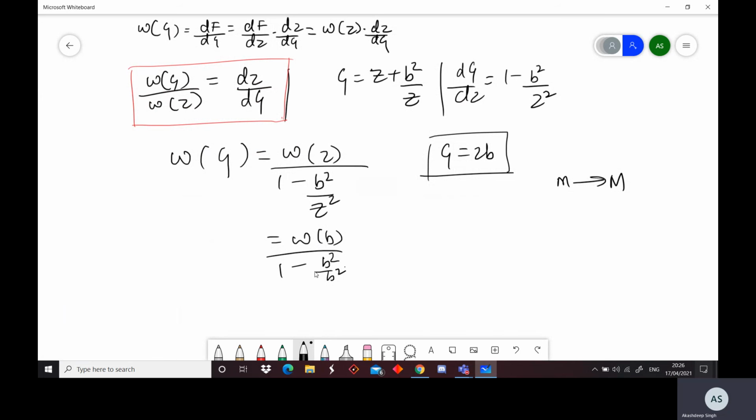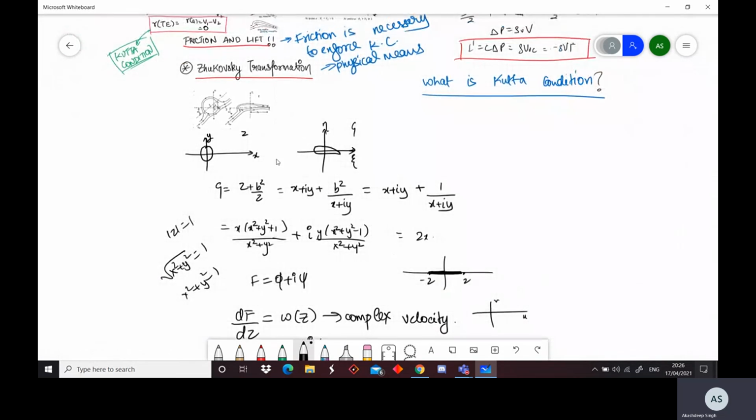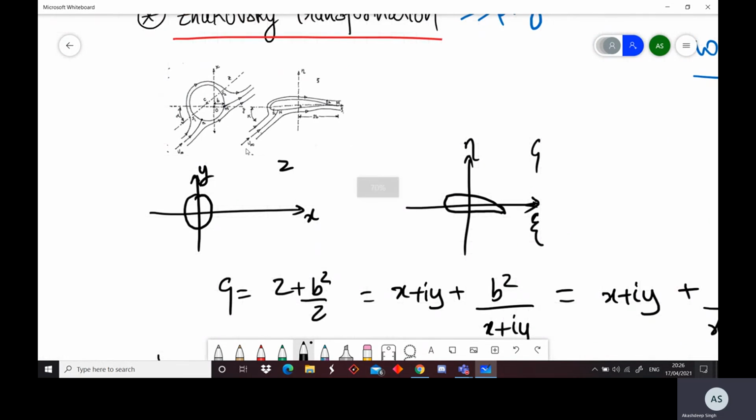So W of b has to be 0 to make it an indeterminate form, and this is exactly the Kutta condition. Again proved using another method.